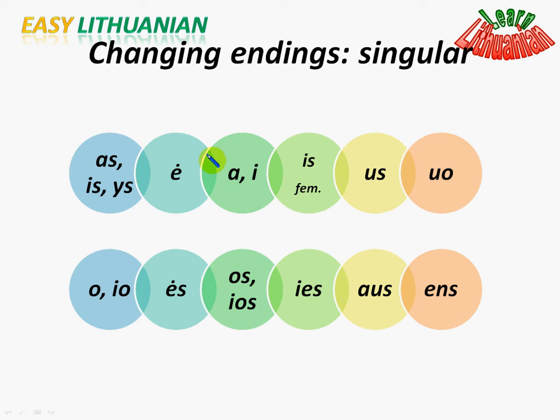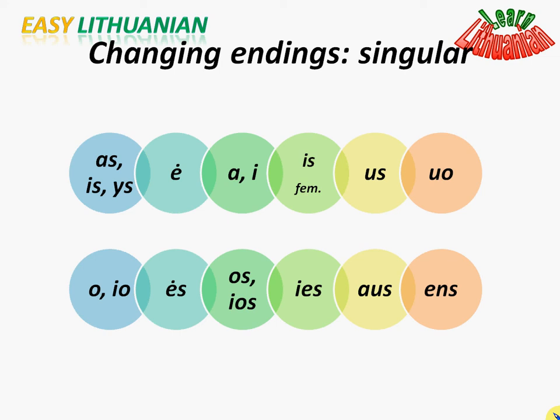The ending only has two nouns in Lithuanian. Just learn those three endings, and that's it for singular, because these other three endings are not so frequent, and if you don't want to learn them, it's not useful. If you're a beginner, don't overwhelm yourself.